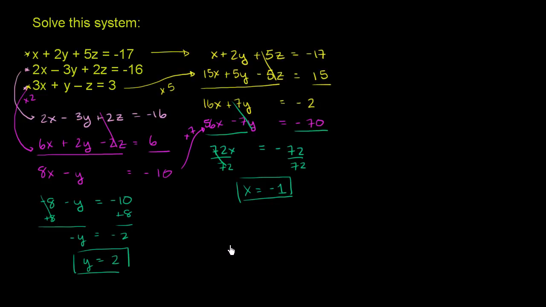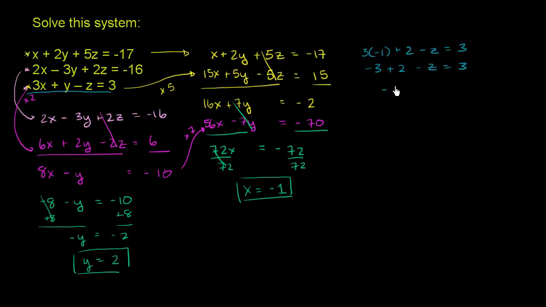We now just have to worry about z, and we can go back to any of these up here. I'll just use this last one. The numbers seem lower. So if we substitute back into this last equation, we have 3 times x, which is 3 times negative 1, plus y, which is 2, minus z is equal to 3. So it's negative 3 plus 2 minus z is equal to 3.